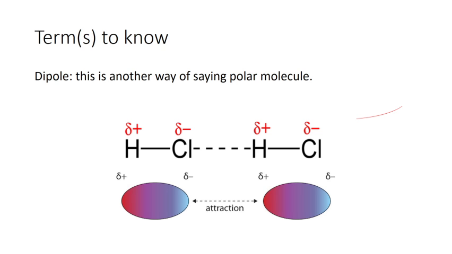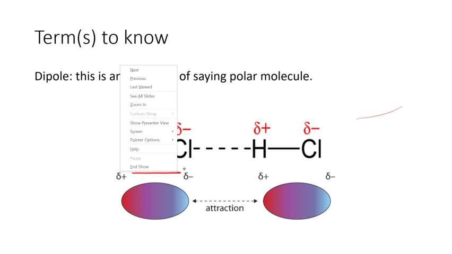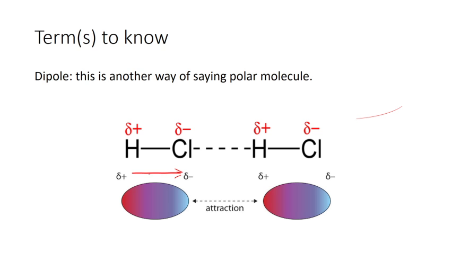The other way that you can see this sometimes is with an arrow, and it has a little cross at the bottom there, and it points in the direction of the negative, unless you are British, and then I believe it points in the direction of the positive.